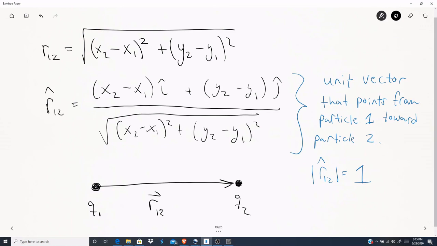This vector is formed by essentially taking the difference in the x-coordinate and the difference in the y-coordinate in each coordinate direction. And then we divide that vector by its magnitude, which is the distance between them, which gives us a unit vector for R12 hat, a vector with a magnitude of 1.